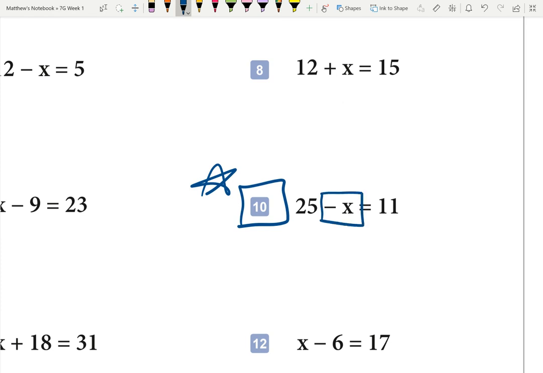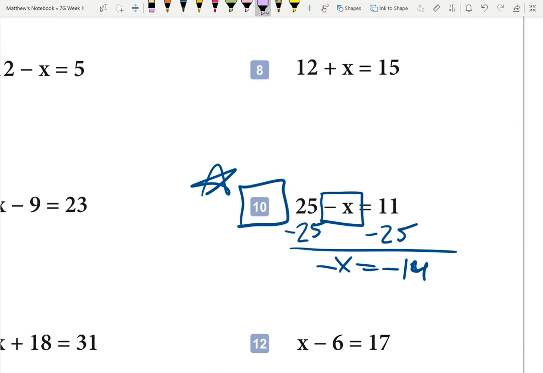When we're subtracting by x, you'll notice that if you were to subtract 25 here from both sides, you end up with negative x equals negative, let's see, in this case, 14. And then I have these two negatives. Now, one thing you could do is try to get rid of that negative by dividing or multiplying by a negative.